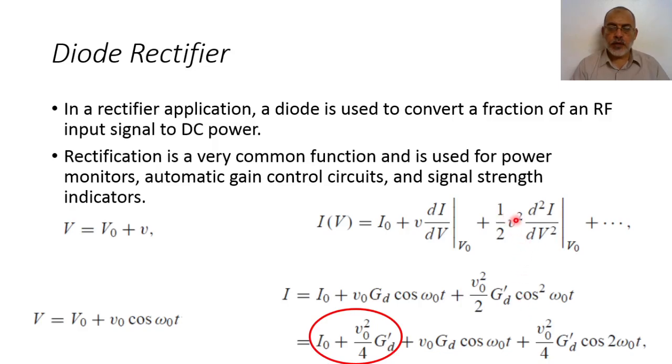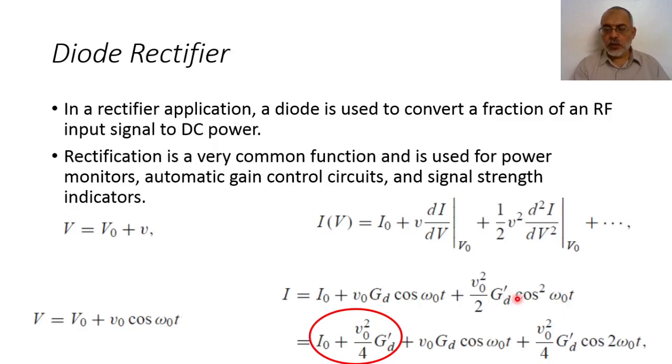We have here replaced small v by V0 cosine omega naught t. Now let us simplify cosine squared omega naught t as half plus half cosine 2 omega naught t.